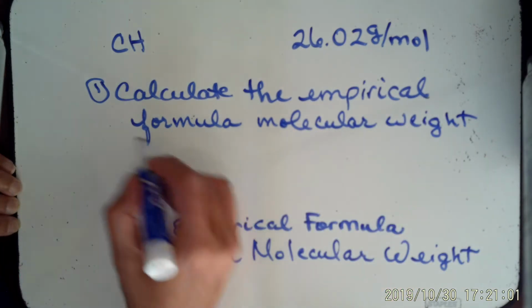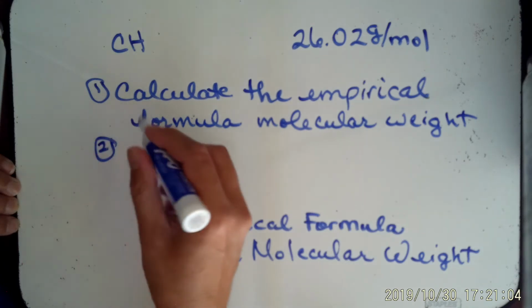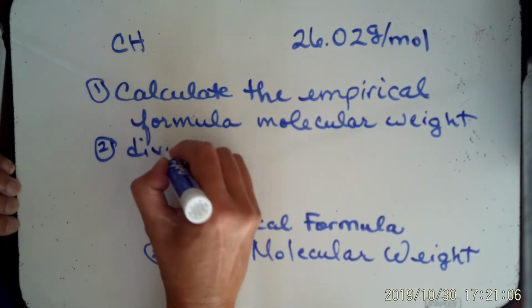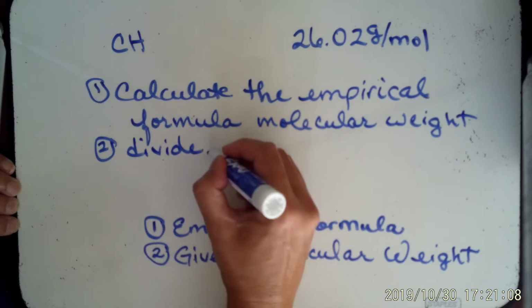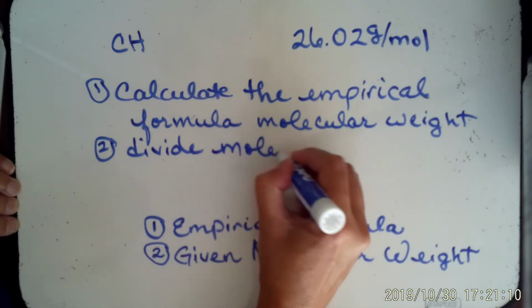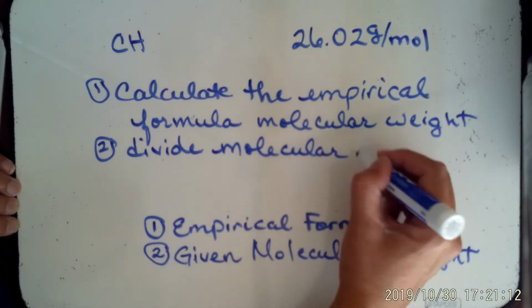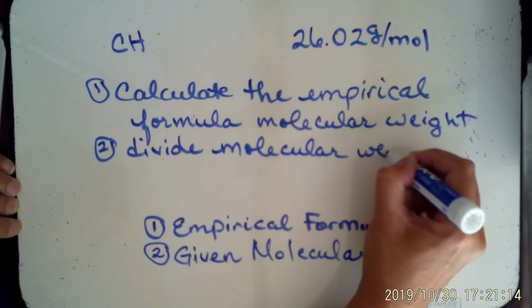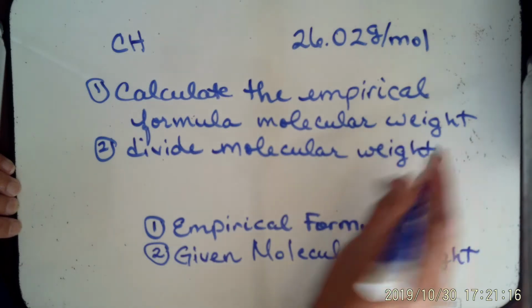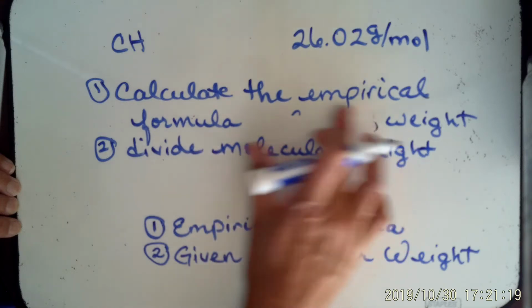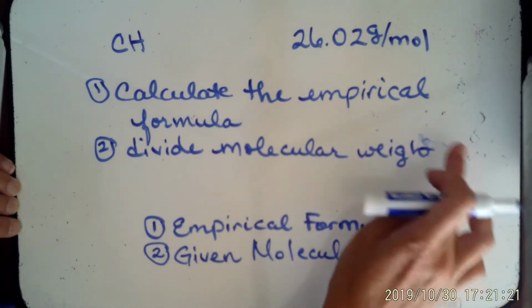Okay, and once you do that, 2, you're going to divide your molecular weight, let's say by the empirical formula weight. That may be easier to keep track of.